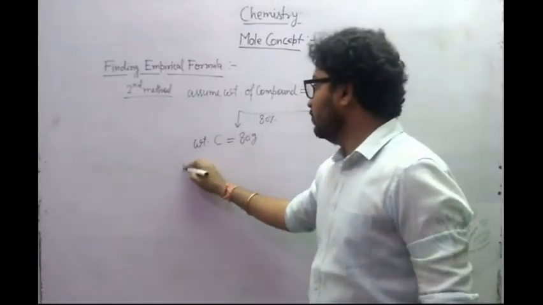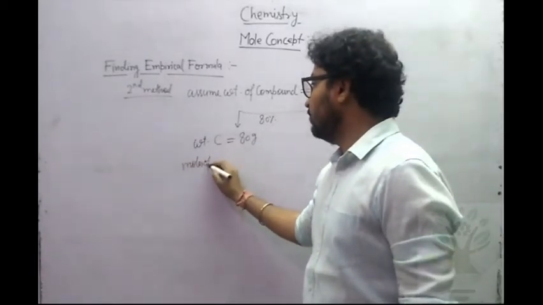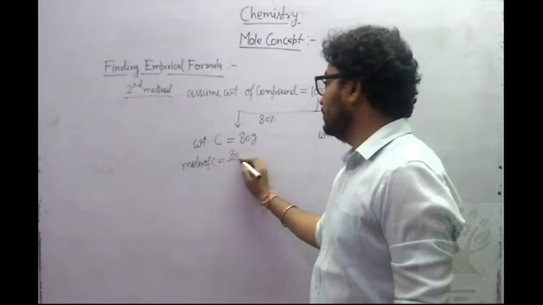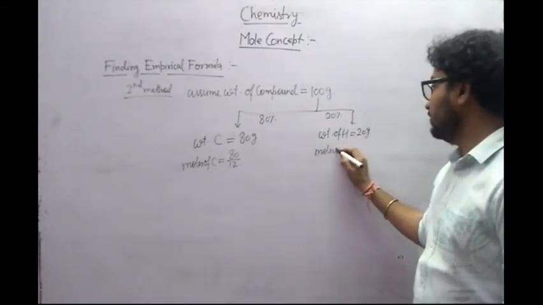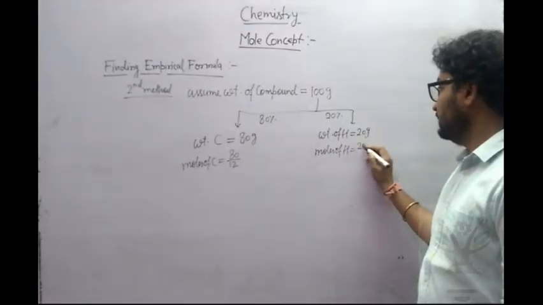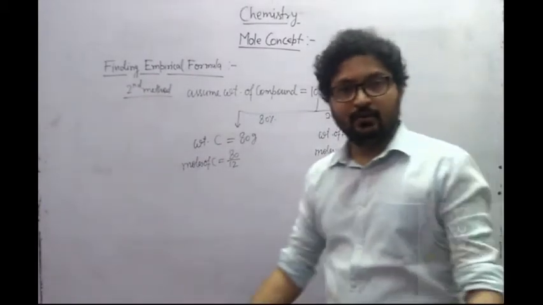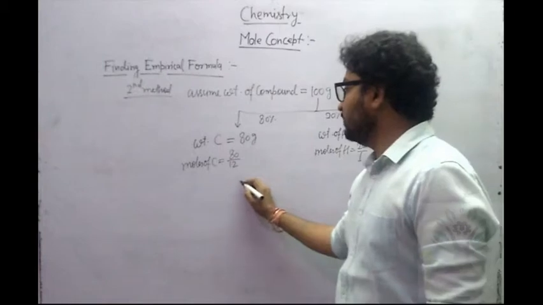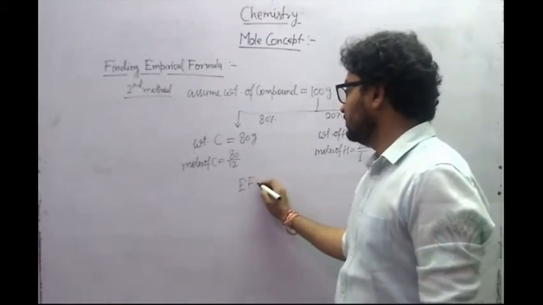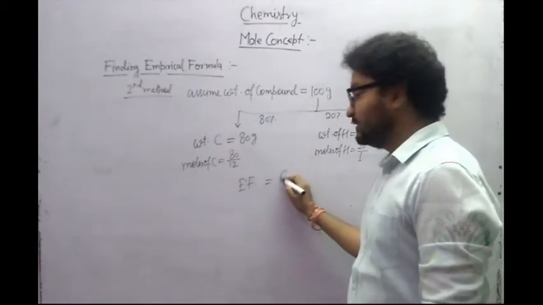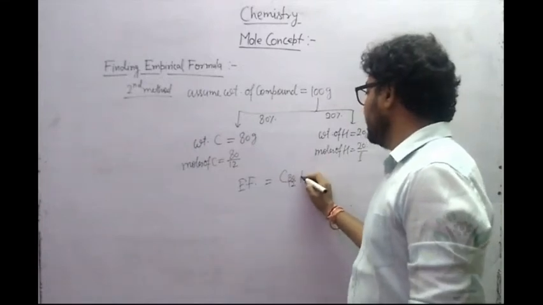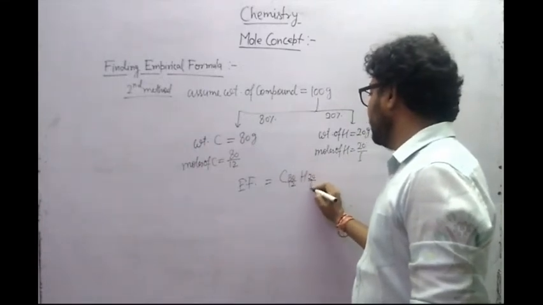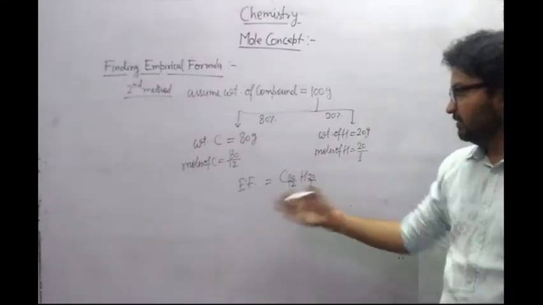Okay. Now find the moles of carbon here. Moles of carbon will be what? 80 upon 12. And here moles of hydrogen will be 20 upon 1. Now the empirical formula will be C 80 upon 12, H 20 upon 1. That's it. Just simplify this.